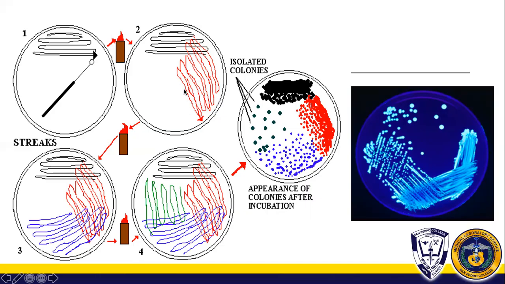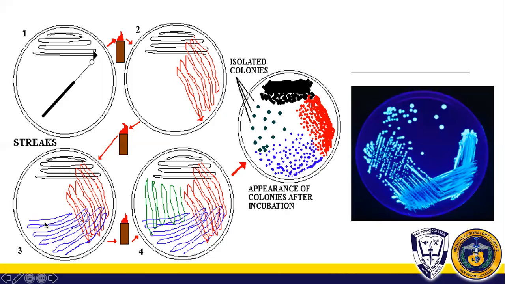Then heat, sterilize your loop. After, allow it to cool for a while and then continue with the third quadrant. For the third quadrant, allow it to touch a portion of the second quadrant and then drag it towards the third quadrant.